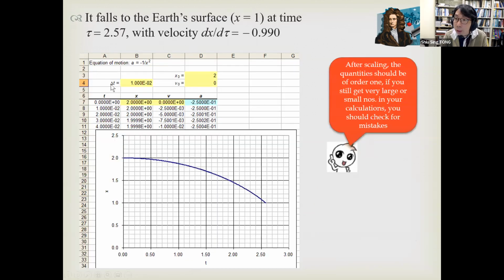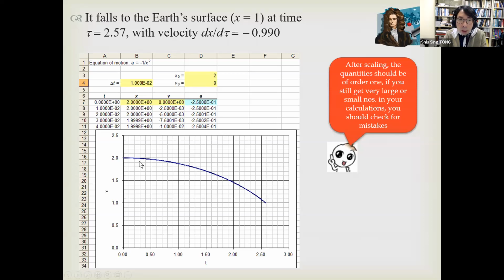Now I'm talking about tau. So with the initial position equal to 2 and initial dimensionless velocity equal to 0, I now do the numerical calculation using delta tau equal to 0.01, and that is my result.